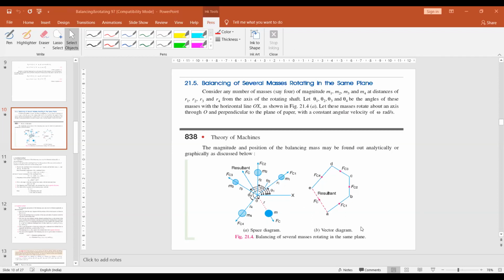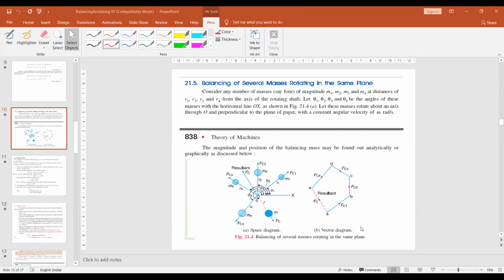The first step is to draw the space diagram with their masses. The second step is to calculate the centrifugal forces of each mass, that is m1, m2, m3, m4.